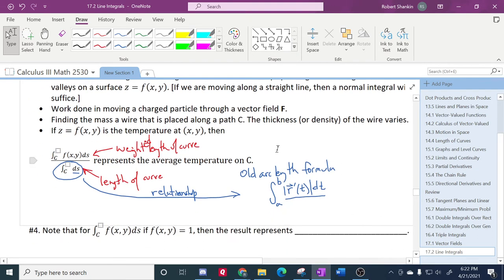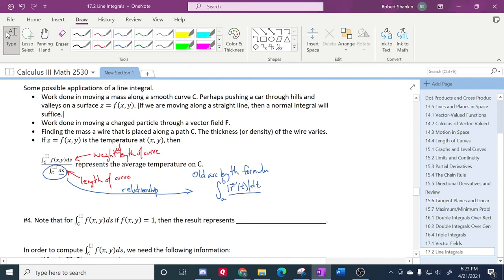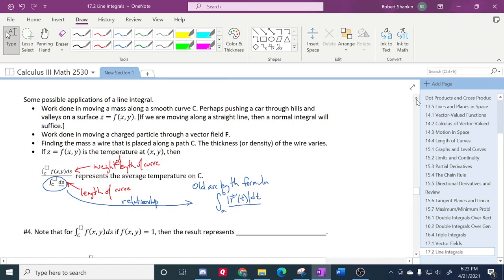Okay. And we already looked at this one. But let me just give you a moment to ponder this question once again. Because when it's new, you kind of need to think about things over and over a little bit. So ponder number 4.